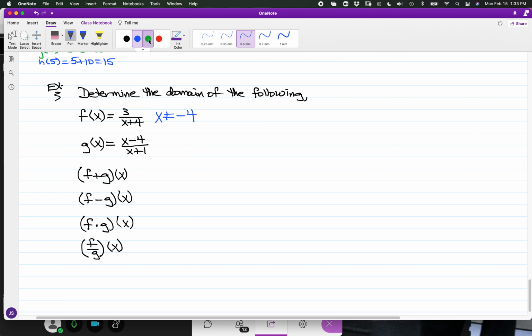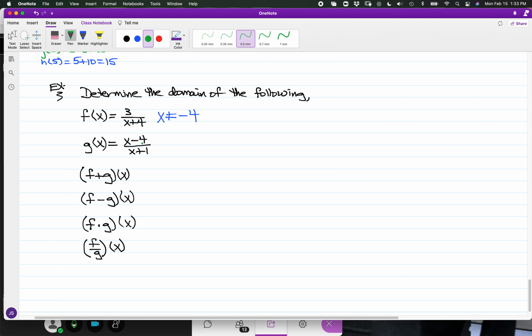For g of x equal to x minus 4 all over x plus 1, again, the focal point will be keeping the denominator, the bottom part, from equaling 0. Now, the top part can be 0 as long as the bottom part is not. And here, for g of x, x plus 1 cannot be 0, so x cannot be negative 1.